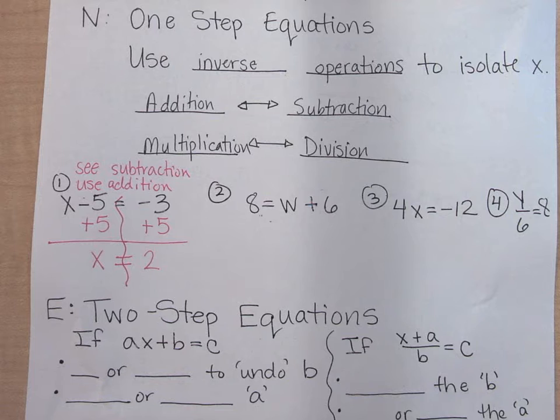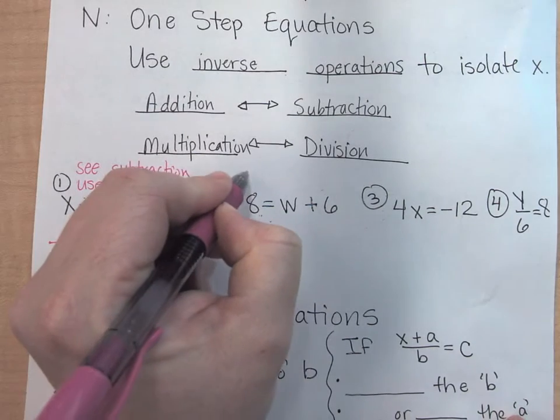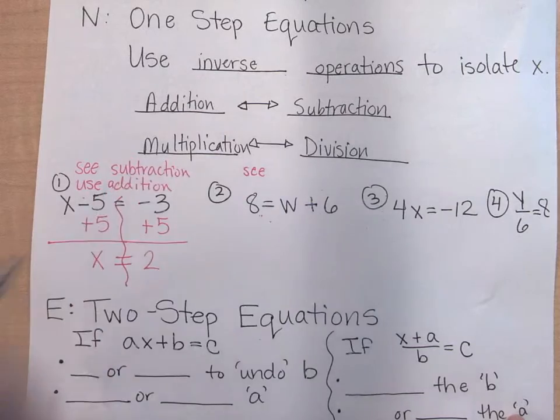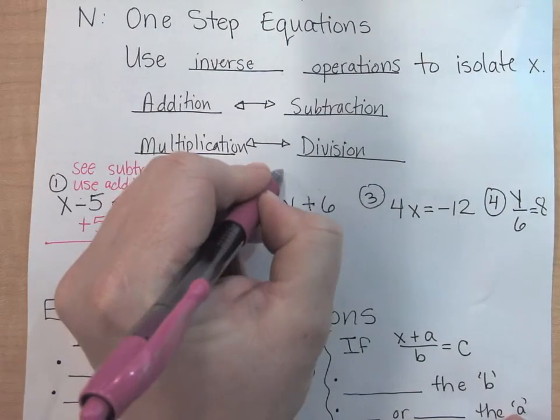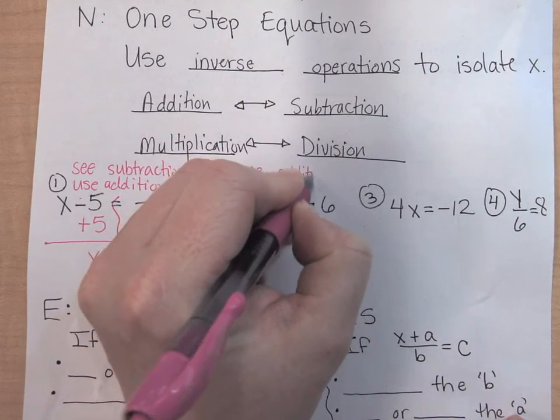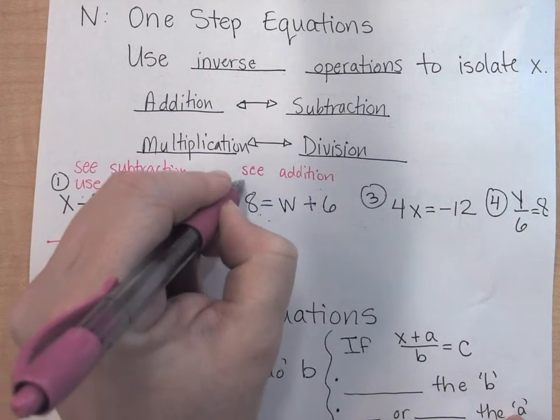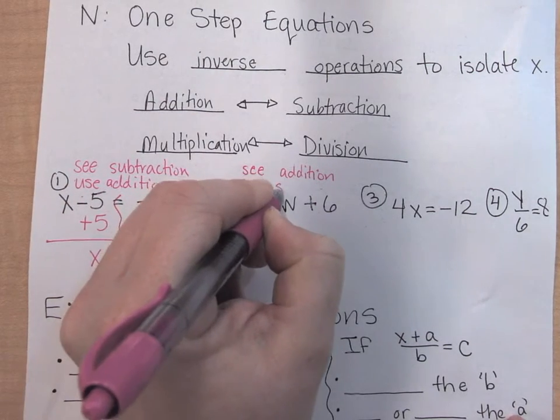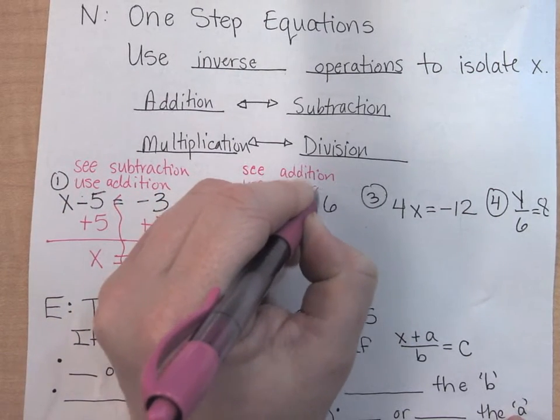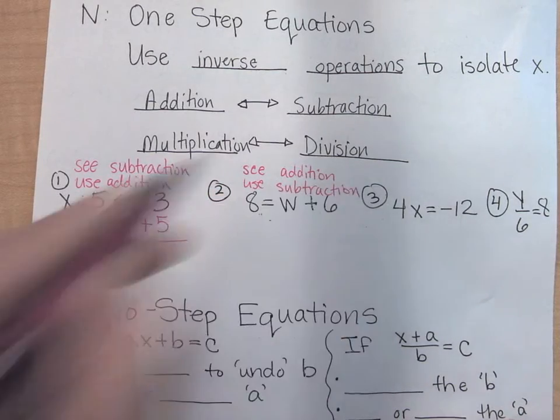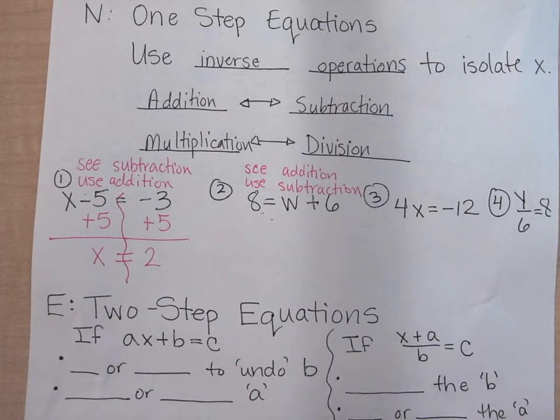Alright, and then the next one, 8 equals w plus 6. The operation that we see is what? Addition. We see addition, so we're going to use subtraction. Exactly. Now, even though the variable's on the other side, it doesn't matter, okay? We still follow all of the same steps.